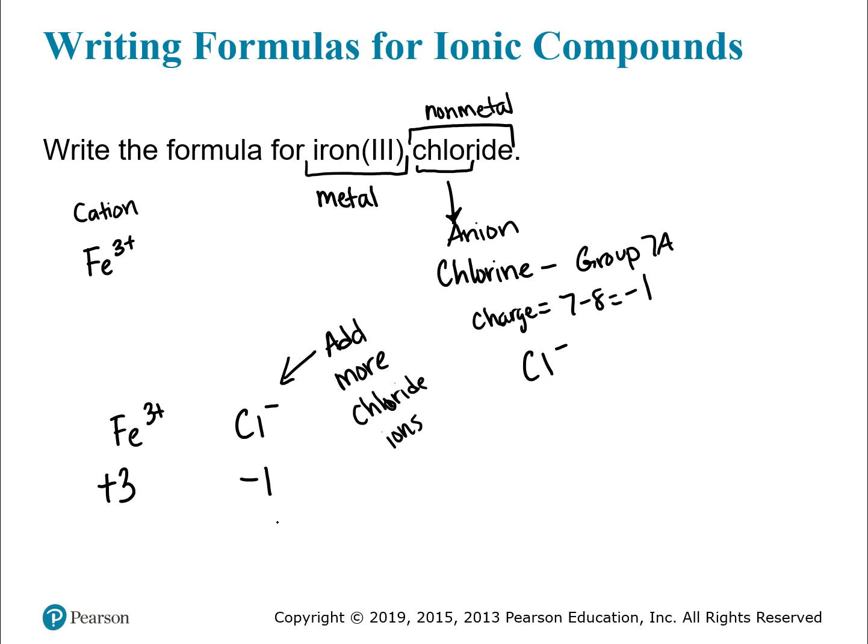If the charge for a chloride ion is -1 and we're trying to get to -3, we need to have 3 chloride ions. That way we would have +3 and -3. What that looks like is writing the subscript 3 after the Cl.